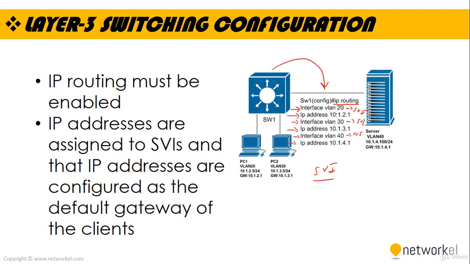Each SVI will have a different IP address, and these IP addresses will be configured as the default gateways on the client side, as you can see. Okay, that's the same logic as the router on a stick, but the difference is we are creating SVIs instead of sub-interfaces.